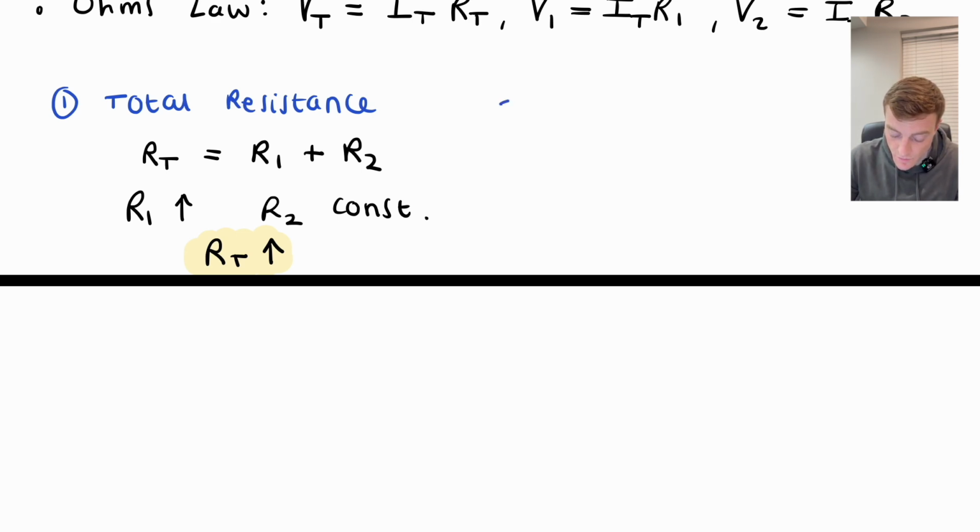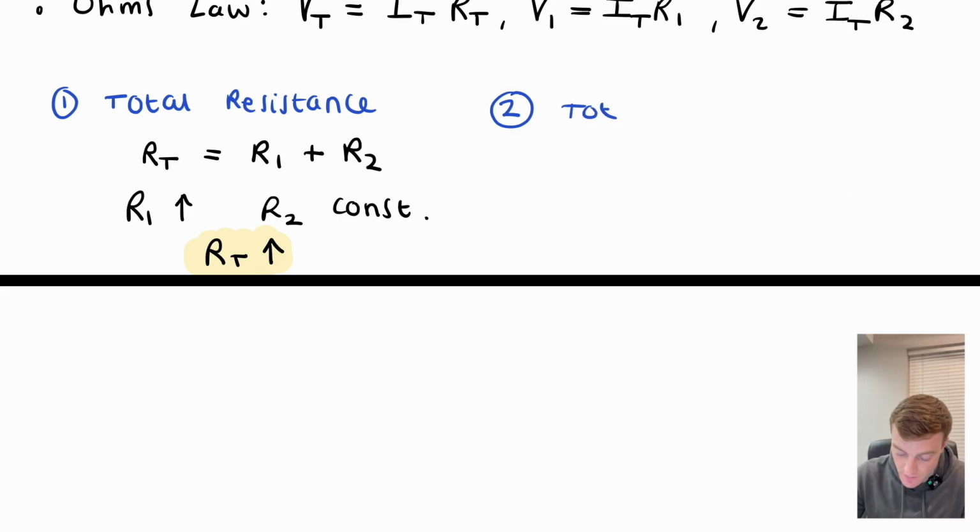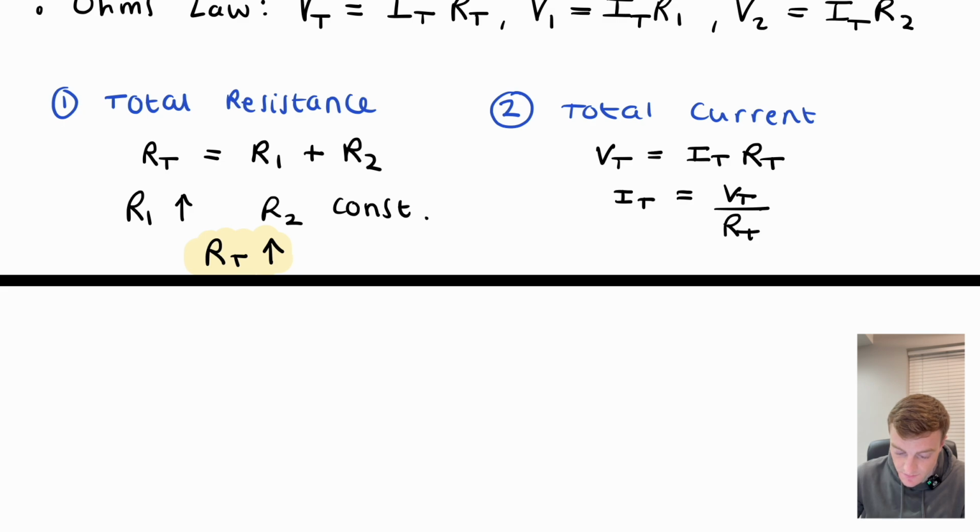Next step in my recipe is to look at the total current. Okay, now recall the formula for Ohm's law is VT equals IT RT. So total current is total potential difference divided by total resistance.